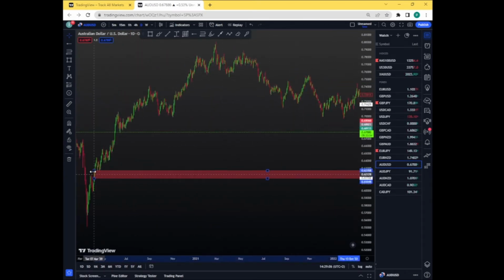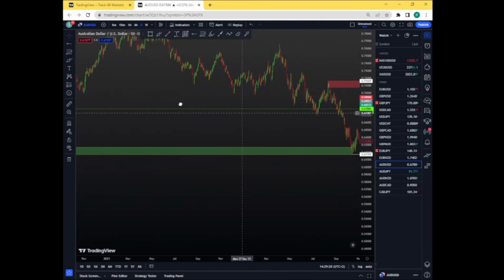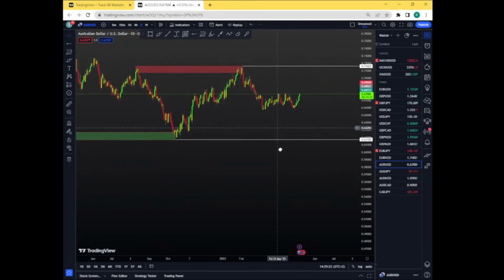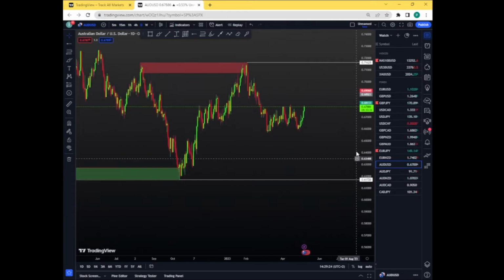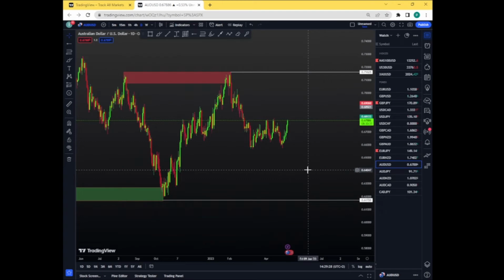Now we see that price reacted here at this point. I'm going to mark it green because that's where price bought. So we have now identified where the price reacted from our last low, and where the price reacted from our last high.